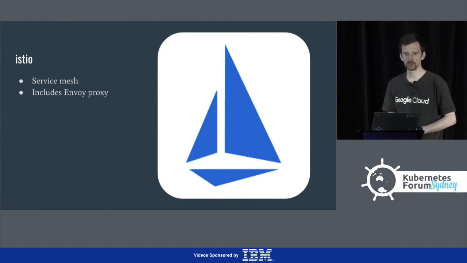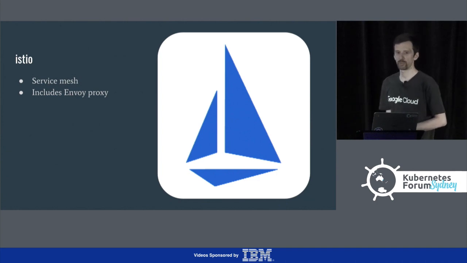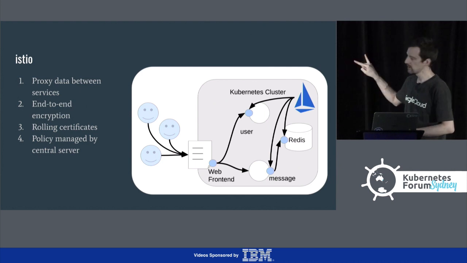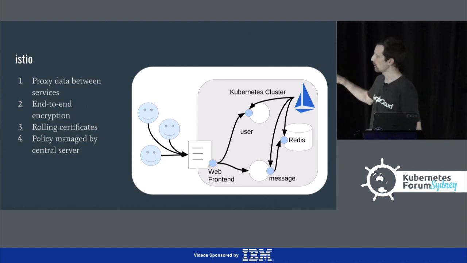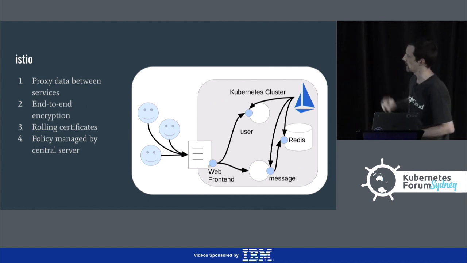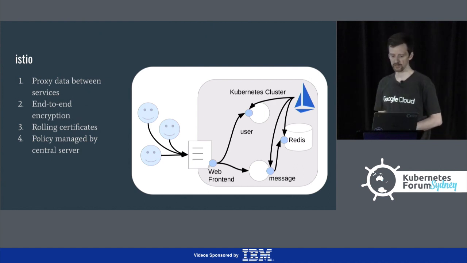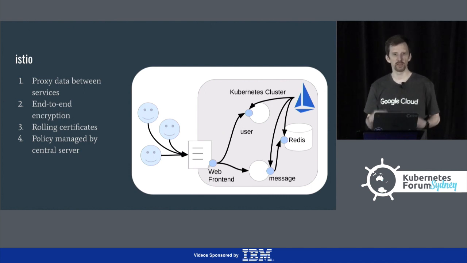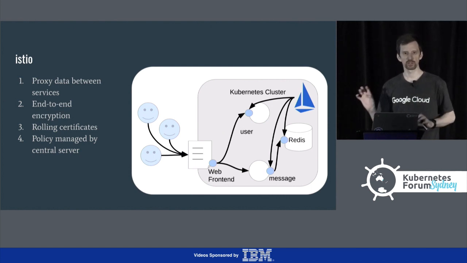So things like Istio, I'm going to talk about how Istio works, will help in this regard. What that does is it adds a proxy layer between each of the applications. Each one of these applications would run with a sidecar proxy, and that proxy enforces security policy. That might be end-to-end encryption in order to encrypt the data that's running on the network, as well as each application and service running with its own identity.